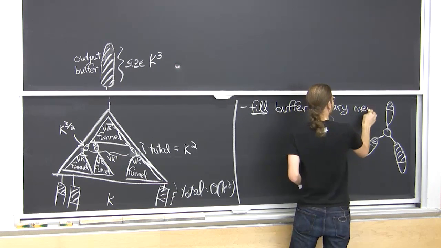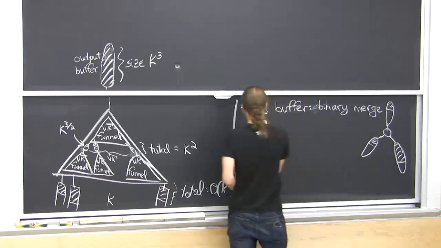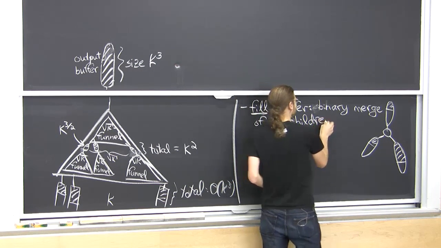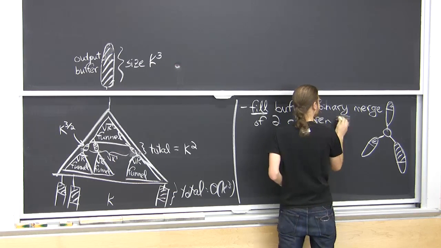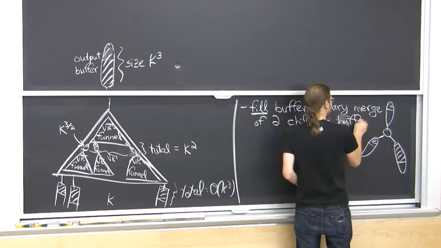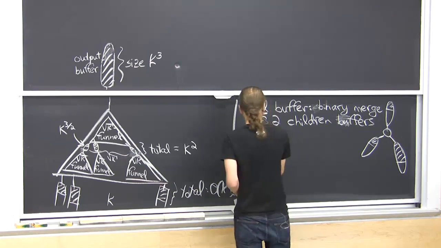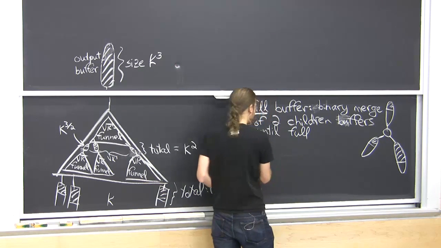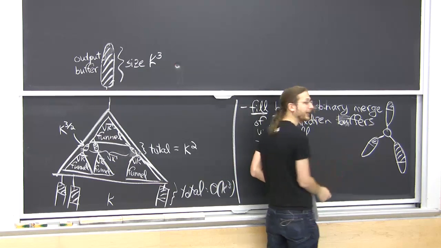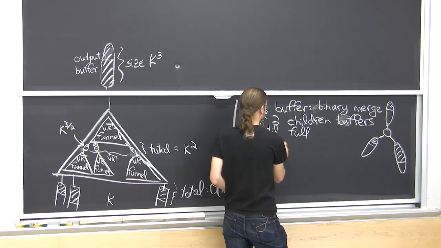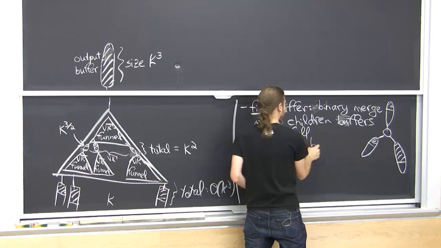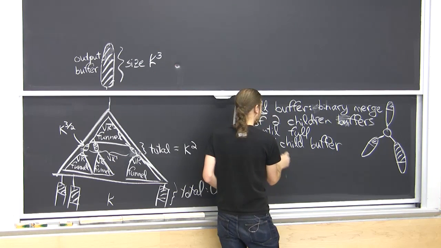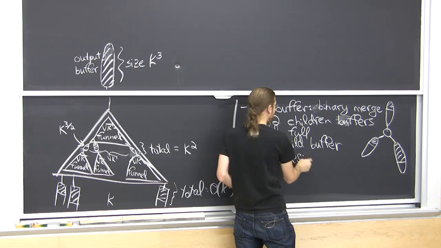Binary merge of the two children buffers until we're full. But there's one thing that can happen, which is that one of the child buffers might empty. What do we do then?